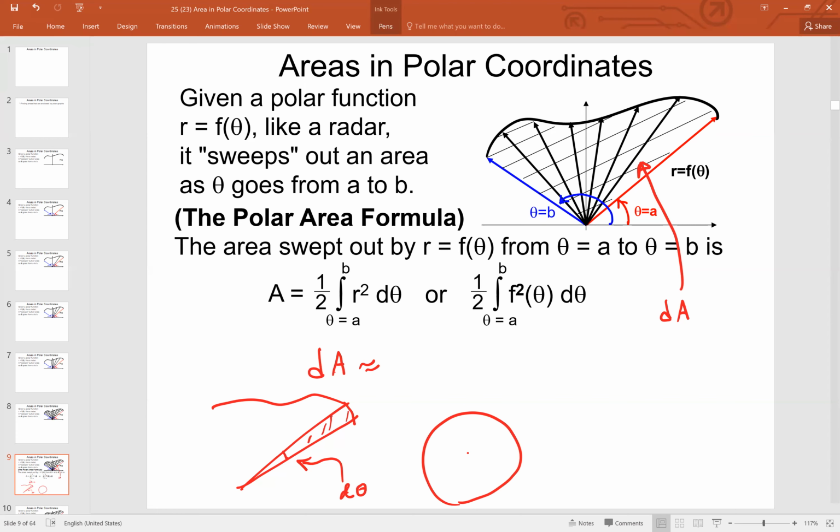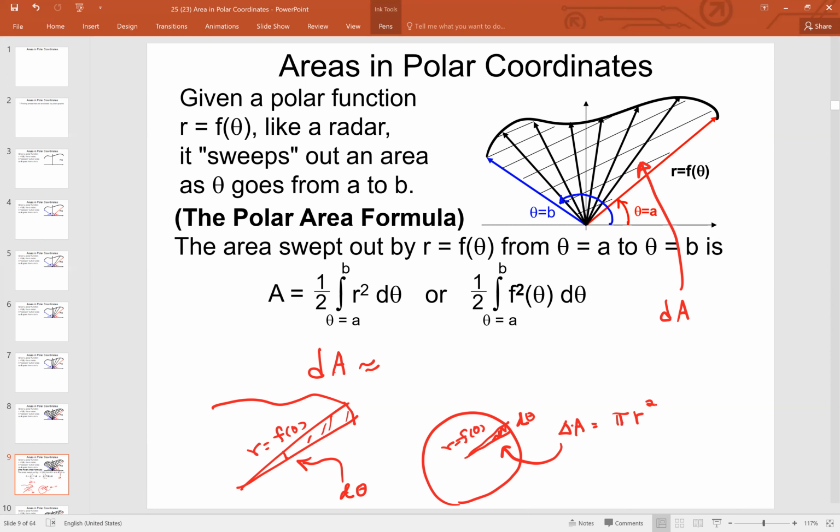If I were to draw a circle of radius r, which is f of theta, I have a little sliver of it with angle d theta, and I'm asking what the area is.